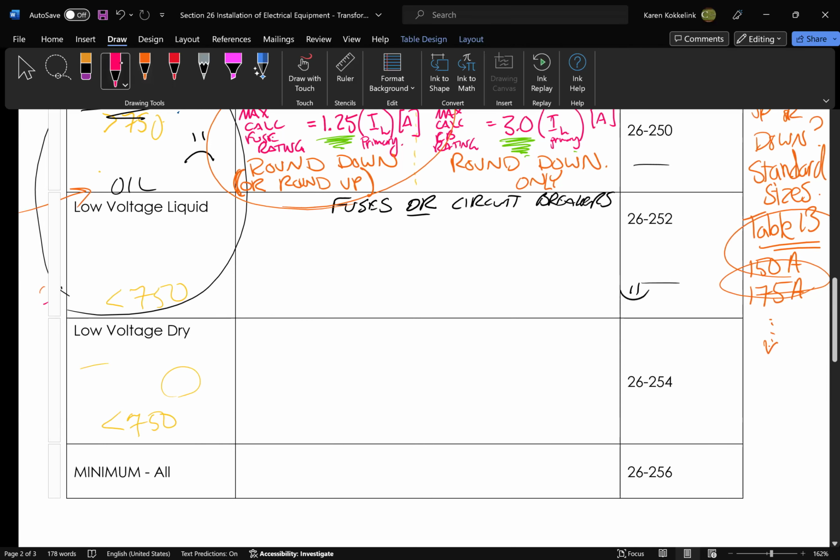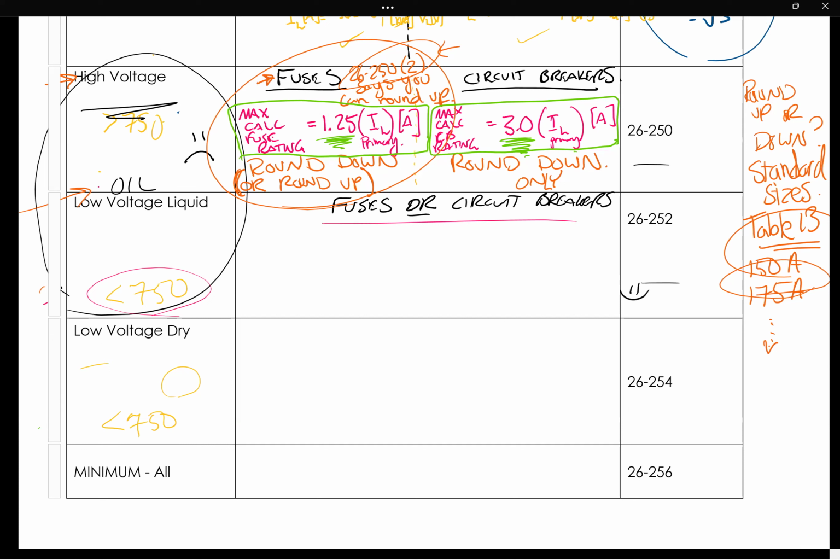Well, for fuses and breakers, we do the same thing, except we go greater than or equal to 9 amps in the primary winding is one case, and less than 9 amps in primary winding is another case, and less than 2 amps in primary winding is another case.